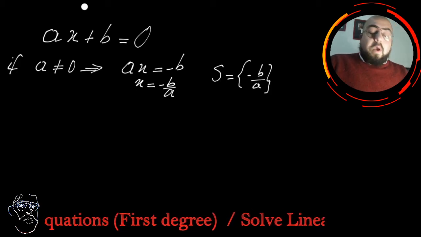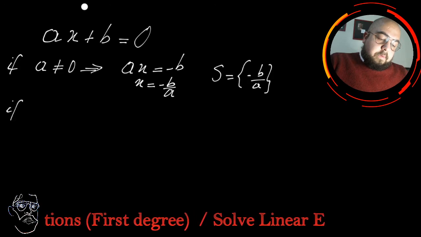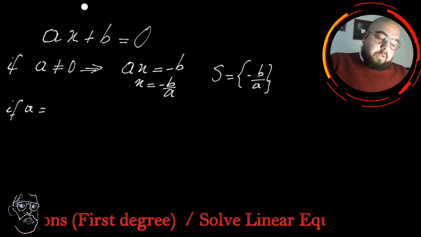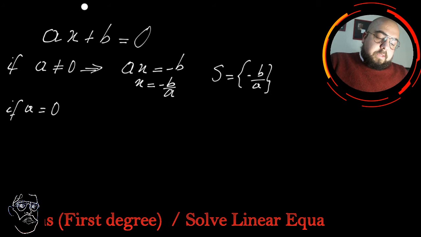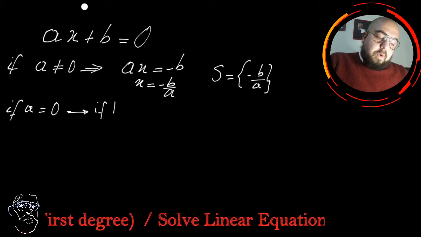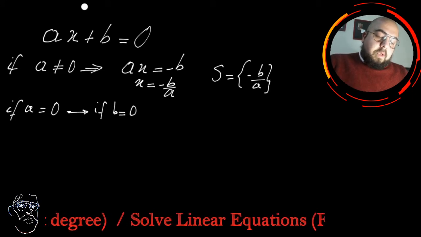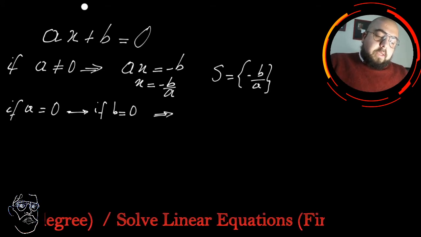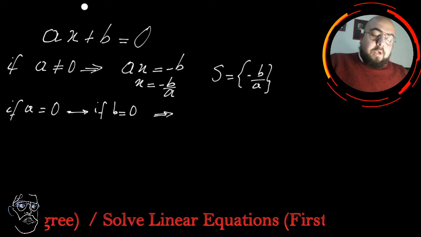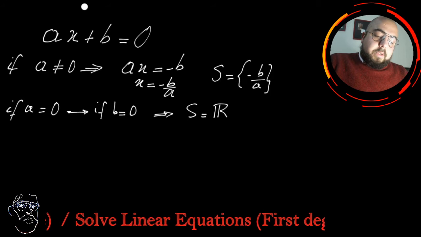Alright, now what about the case where a was equal to 0? In this case we have to check if b was equal to 0. In this case we can say that we have an infinite number of solutions, so S is equal to the whole real numbers.